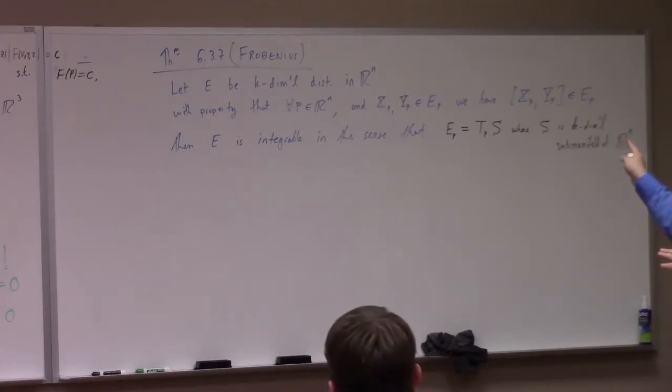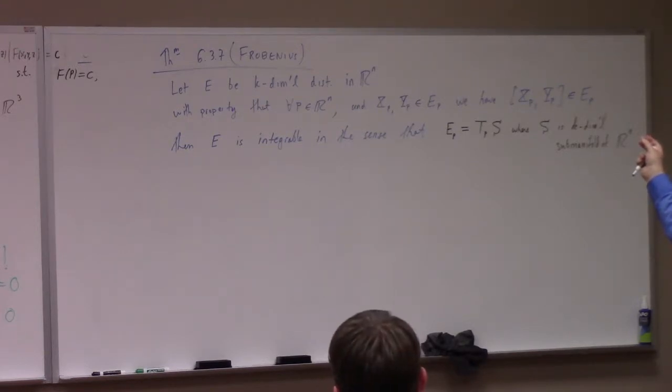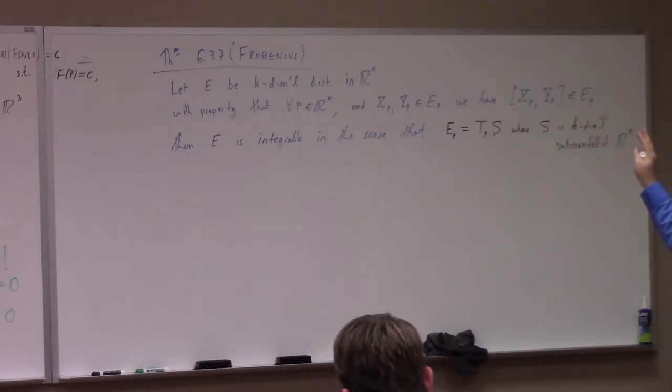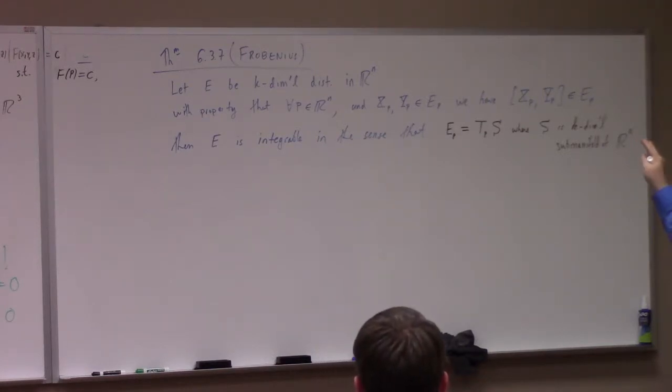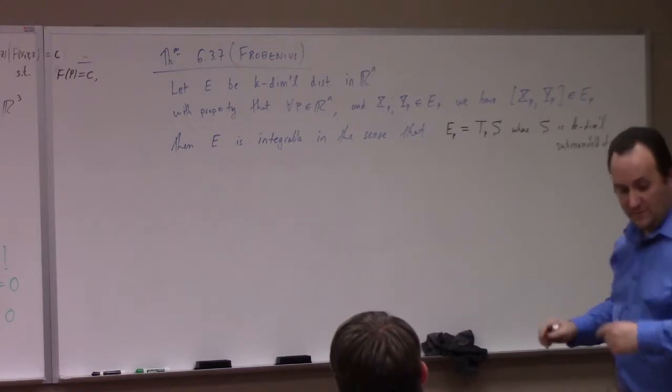He writes something about a parameterization from a subset of Rk into Rn, a parametric description of the geometric set, and also a description as the intersection of level sets of n minus k conditions, which also describes a k-dimensional set. Don't be distracted by the rest of it. All he's saying is that this distribution appears as the tangent space to a submanifold of the same size. And vice versa.